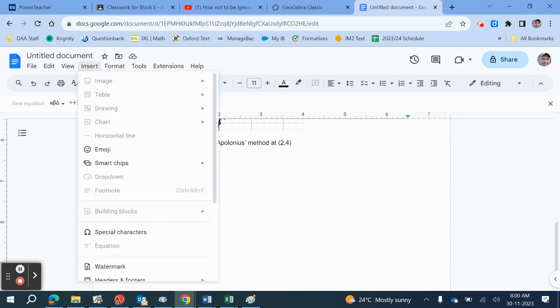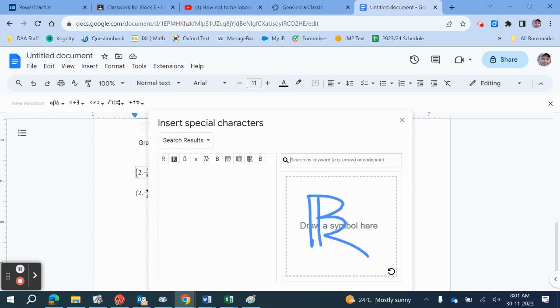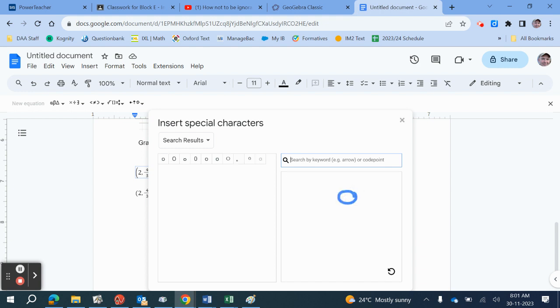You can find some other things by going Insert, Special Character, and just draw the symbol if necessary. See if it finds it. Doesn't have a great one in this one. But if you want to find other symbols, like the degree symbol, you'll find it this way. Or you can type the keyword here, and it will pop up. You'll probably find the thing that you want to add.